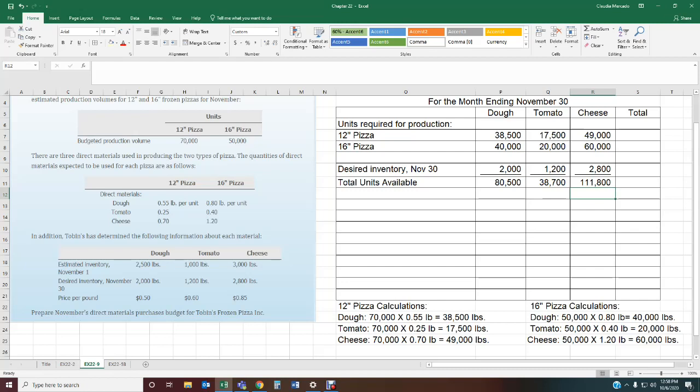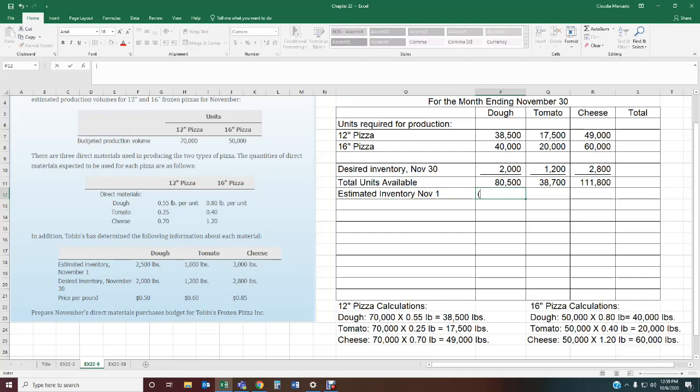So because we don't have to purchase them, I'm going to deduct that from whatever I need. This is what I need to manufacture my pizzas and to also have my desired ending inventory. Now what I'm going to do is deduct my estimated inventory as of November the 1st. Okay, and I'm going to subtract that.